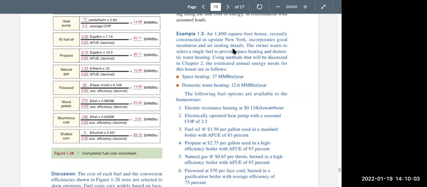That's how you can find out how many BTUs a year you're using. That's one easy way. And you have domestic water heating as well. So you take and combine all that stuff together, and that's going to be the total number of BTUs that this one person is going to need to be able to keep that house warm.